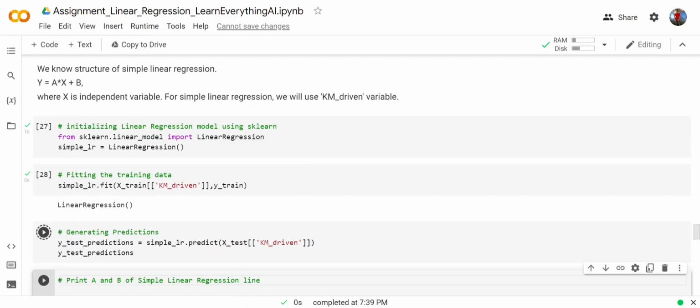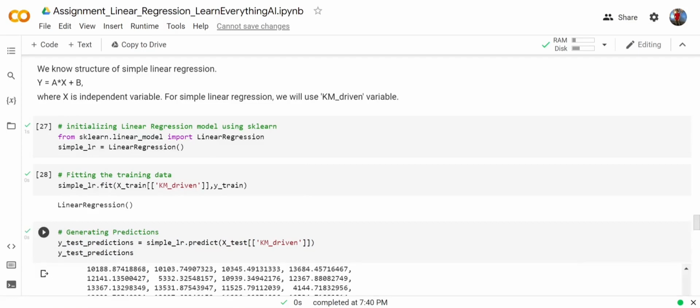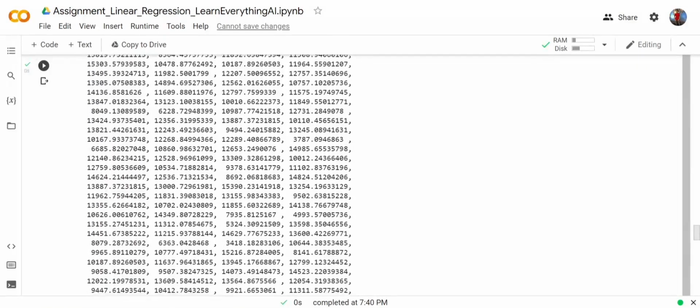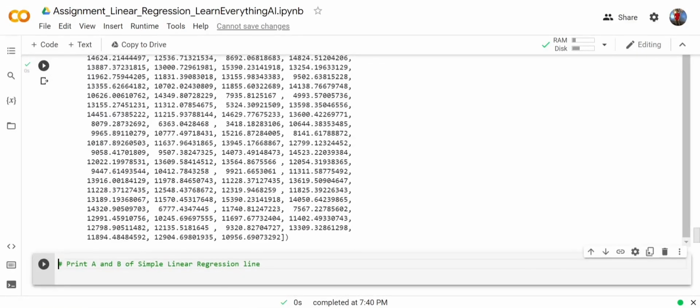So let us run it. So as we can see, we have obtained a huge list of predictions, and all these predictions are in the form of a NumPy array, and we can see that these are the predicted values for our analysis.